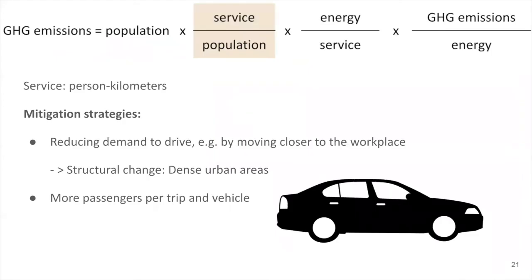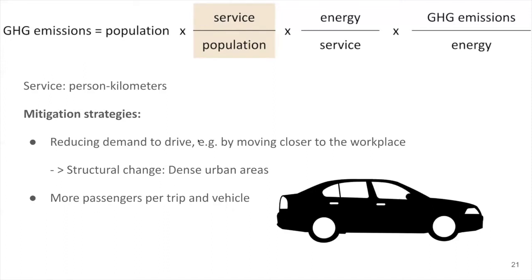The first term I want to get into is service per population. The service here is referred to as person kilometers. So how can I bring one person to a destination? The mitigation strategies are ones reducing demand to drive. For example, on an individual level, that is moving closer to the workplace.